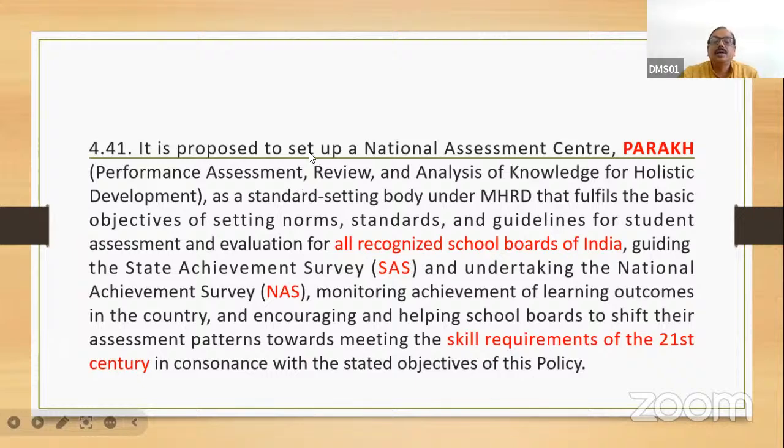And at the national level, it is proposed to set up a National Assessment Center called PARAKH. It is Performance Assessment, Review, and Analysis of Knowledge for Holistic Development. This body has been set up in NCERT as per this policy, and it is working as a standard setting body in examination.